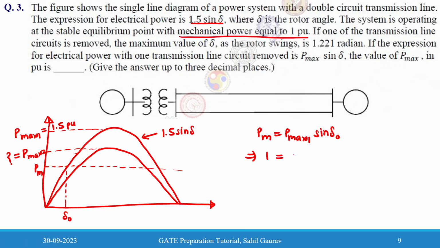And P max 1 is given as 1.5 sine delta naught. So from here you will get delta naught as 41.81 degree or 0.73 radian.